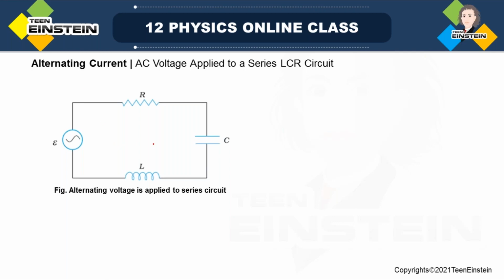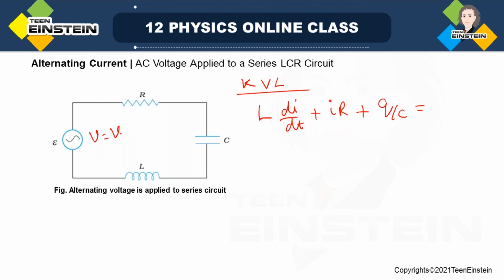So this is my LCR circuit, and from Kirchhoff's voltage rule or loop rule, we have L di/dt plus IR plus Q by C is equal to the applied voltage, Vm sin omega t.